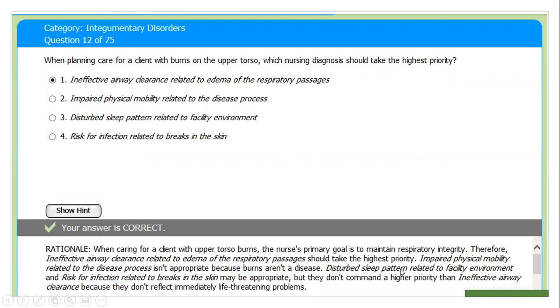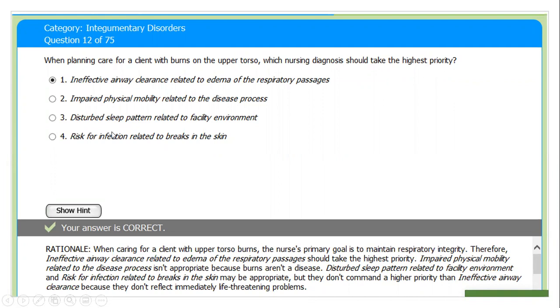Disturbed sleep pattern related to the facility environment and risk for infection related to the breaks in the skin may be appropriate, but they do not command a higher priority than ineffective airway clearance because they do not reflect immediately life-threatening problems.